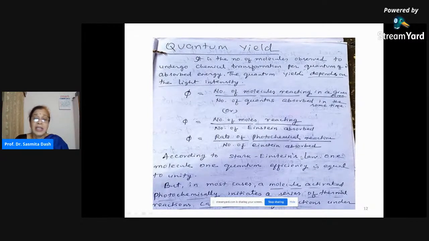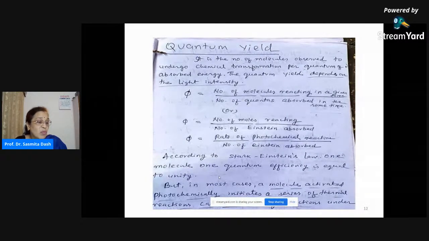So the quantum efficiency is always equal to unity, or 1. But in most cases, a molecule activated photochemically initiates a series of thermal reactions called secondary reactions. Under such condition, there will be a 1:1 relationship between the number of quanta absorbed and the number of reacting molecules.